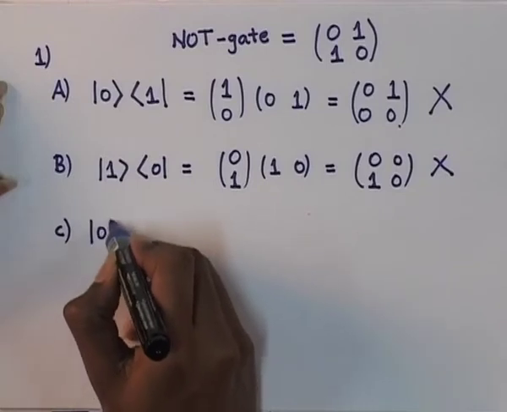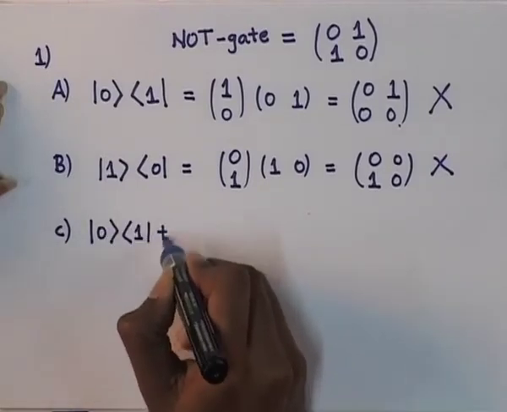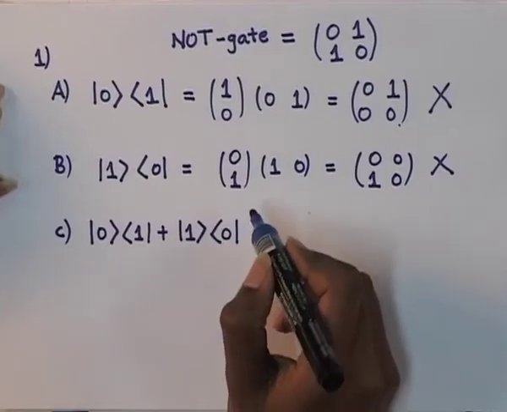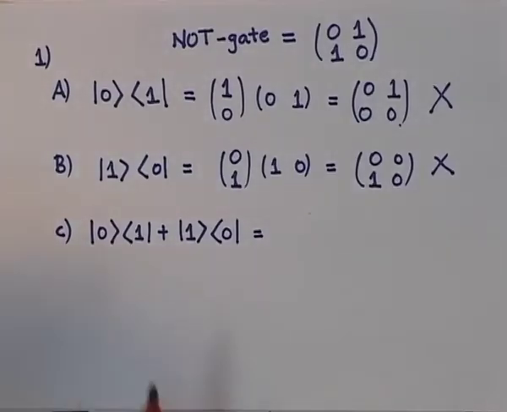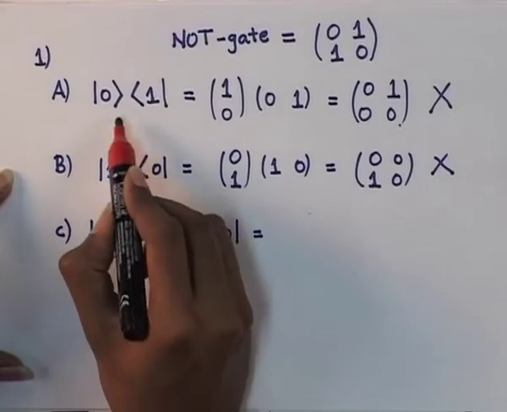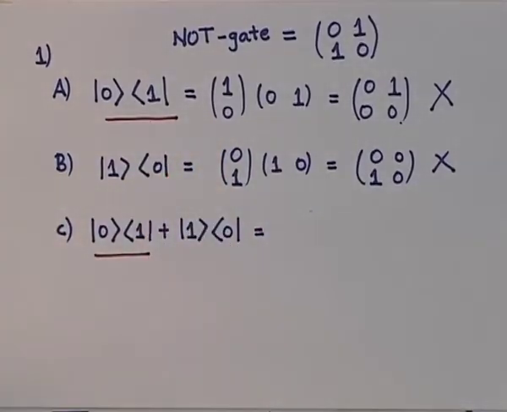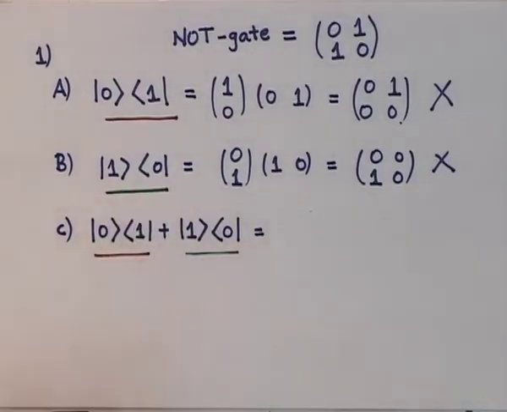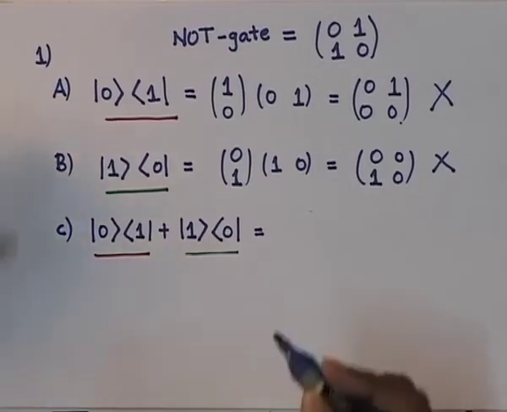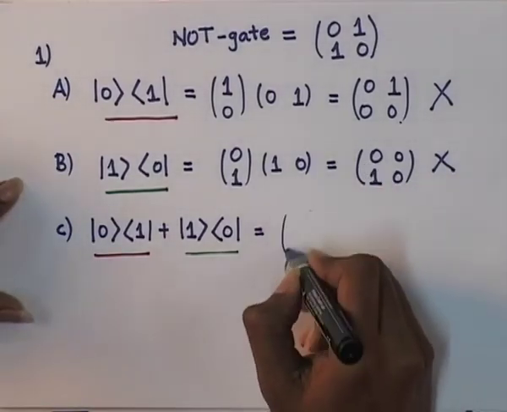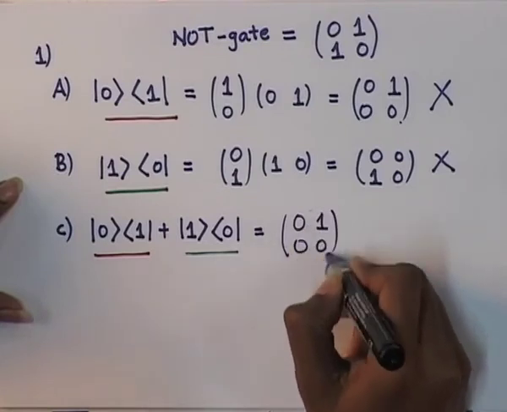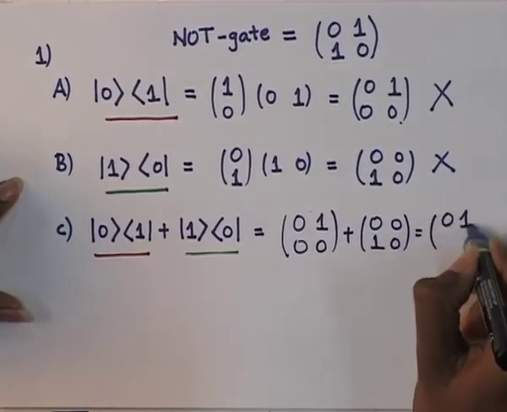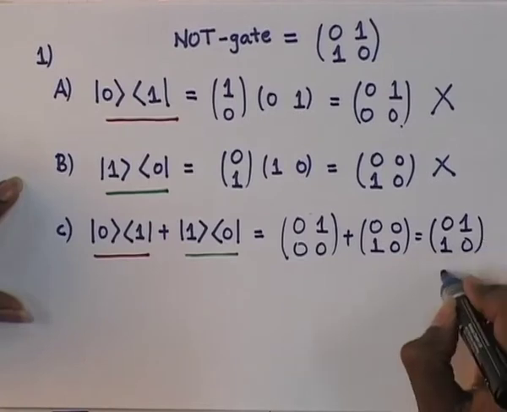Option C. We see that there are two terms here which we have computed already. So we just need to add the result of the previous two options, which is indeed a NOT gate.